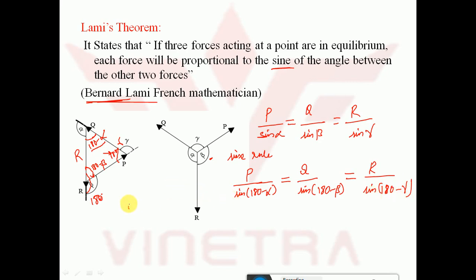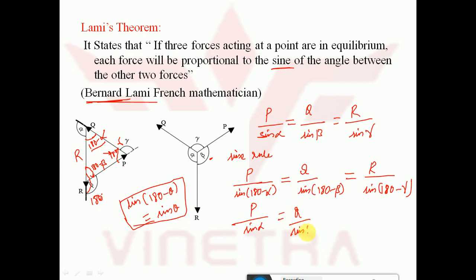We know from trigonometry that sine of (180 minus theta) is equal to sine theta. So P divided by sine alpha is equal to Q divided by sine beta is equal to R divided by sine gamma. Hence Lami's theorem is proved.